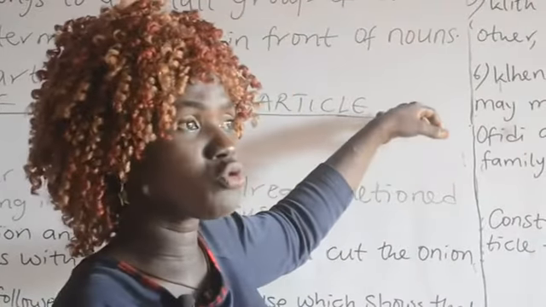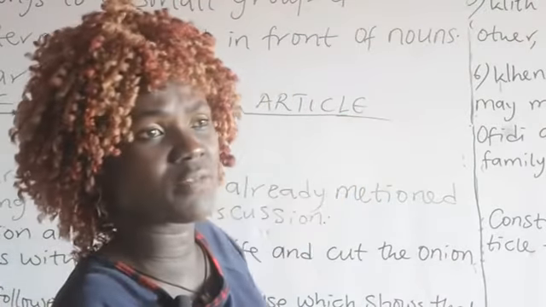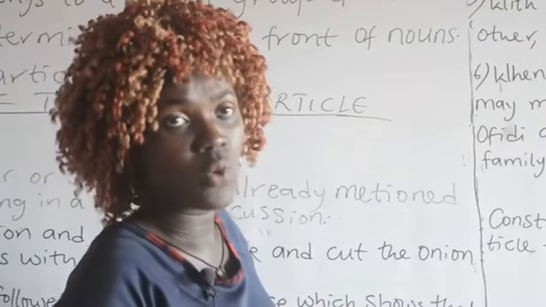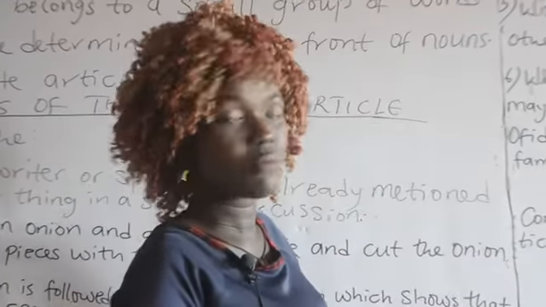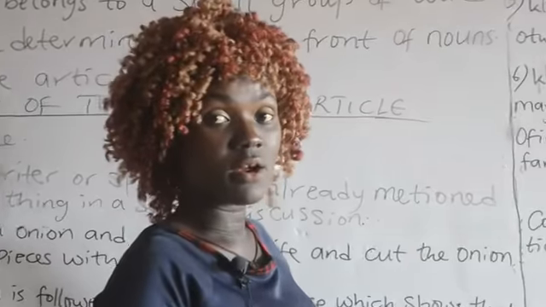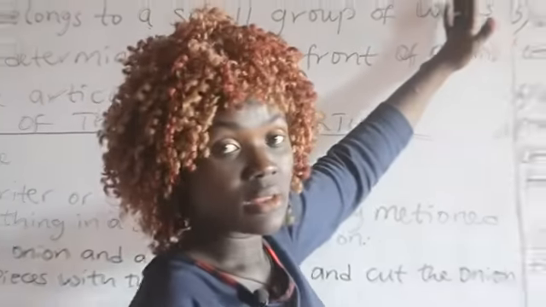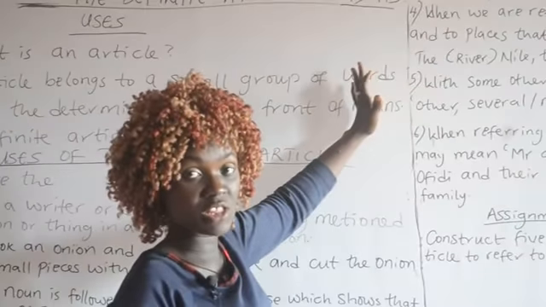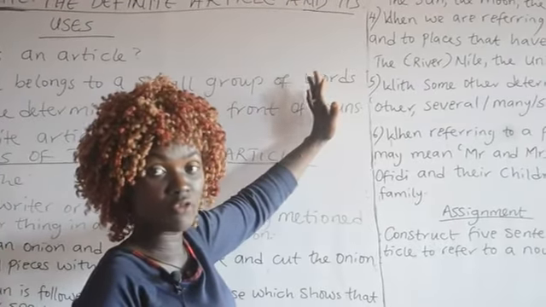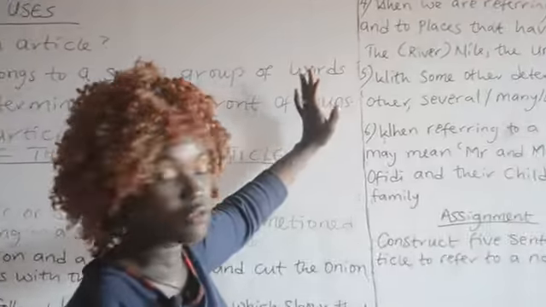Having known this, we should know the appropriate use of the definite article. When using the article, we should not miss it out. These are rules that guide the use of the definite article. Know when to use it and where to use it.